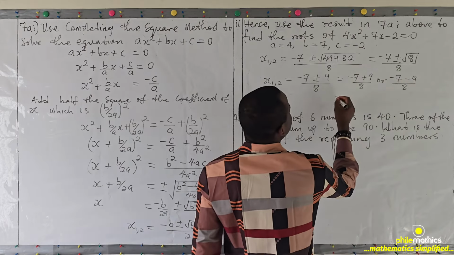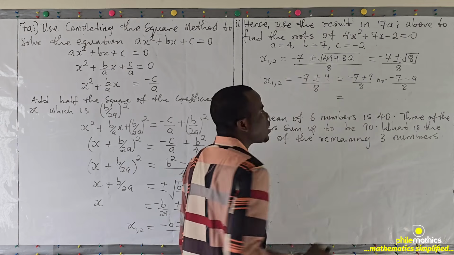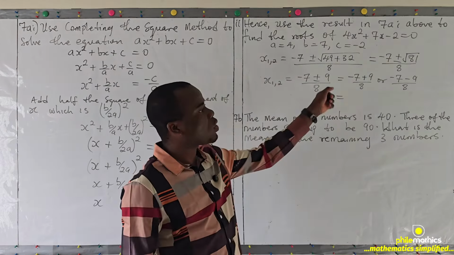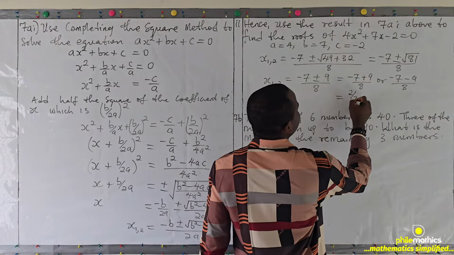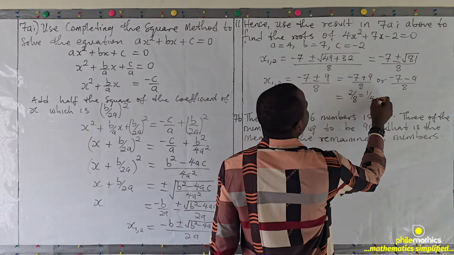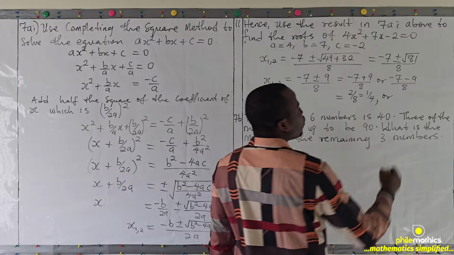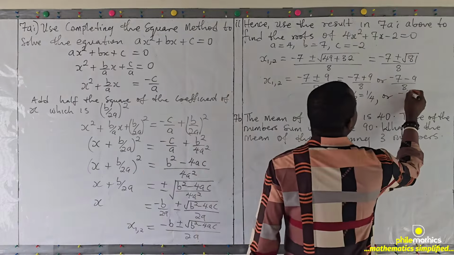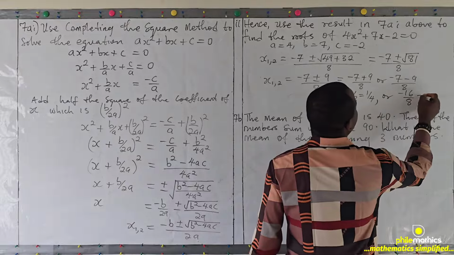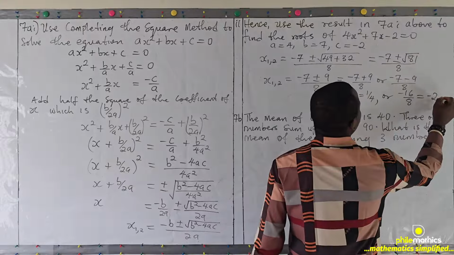And if we simplify this, minus 7 plus 9 is the same as saying 9 minus 7, which is 2. 2 over 8, which is 1 over 4. Or minus 7 minus 9 is minus 16. And so this is minus 16 over 8. And then this is minus 2.